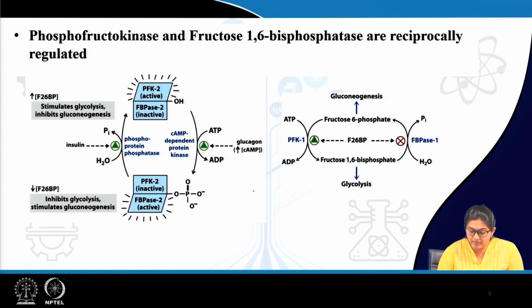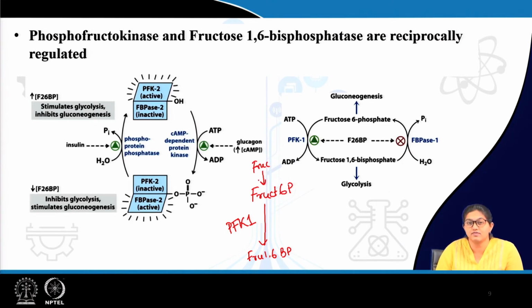While fructose 6 phosphate forms fructose 1,6 bisphosphate with the help of the enzyme phosphofructokinase 1 in glycolysis, it also forms a certain amount of fructose 2,6 bisphosphate with the enzyme phosphofructokinase 2.